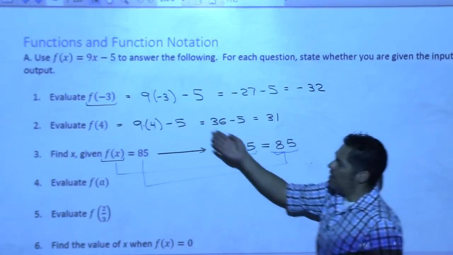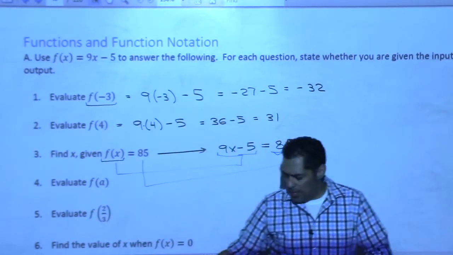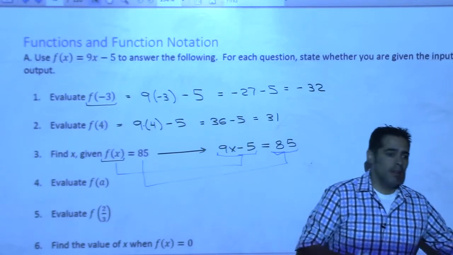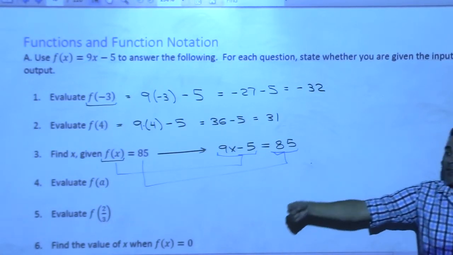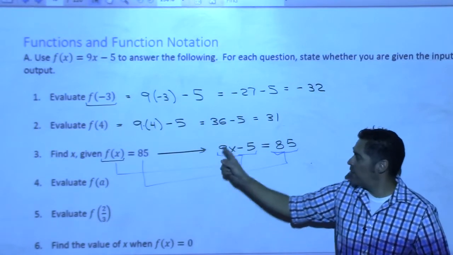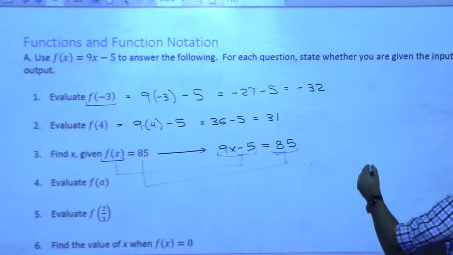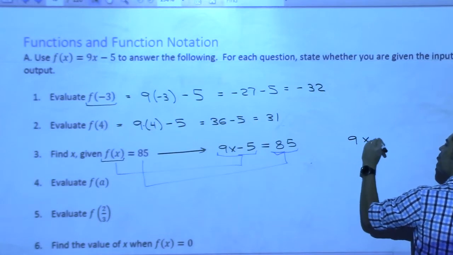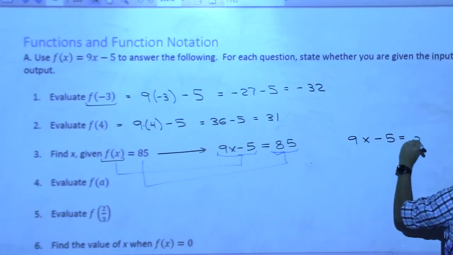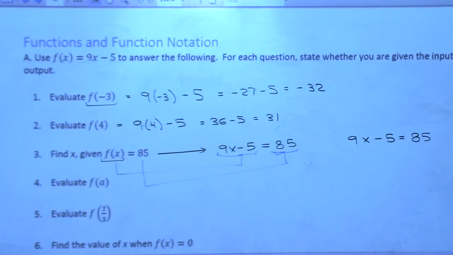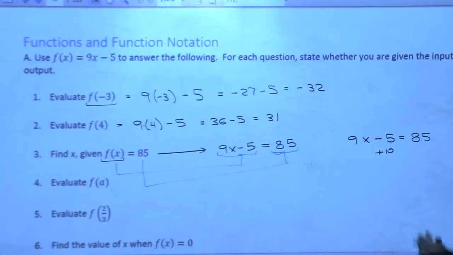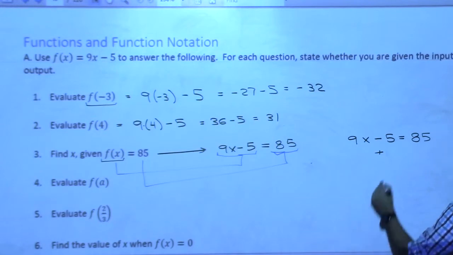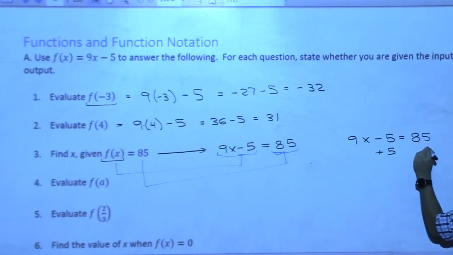So like on these two problems up here, they said, plug in a number, tell me what it spits out. We are now saying, hey, it spit out 85. Let's go find the number. The number we plug in is x, so we have to find the x here. So let's solve that. How would you solve this? What would be your first step to solve this linear equation? Add 5. Yeah, there you go.